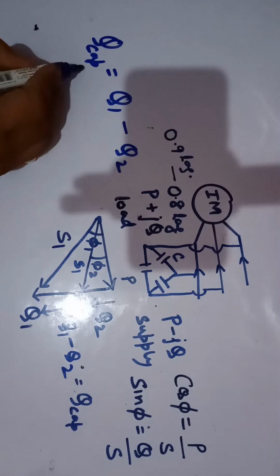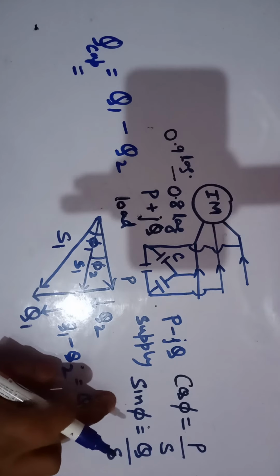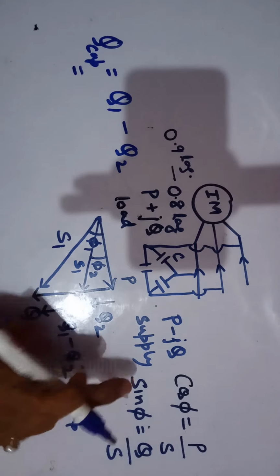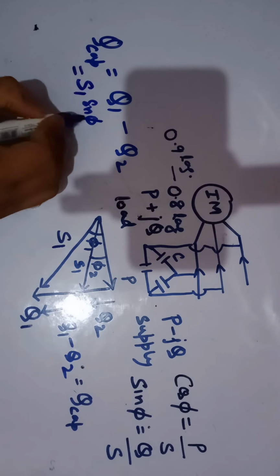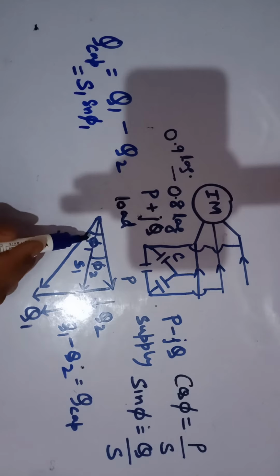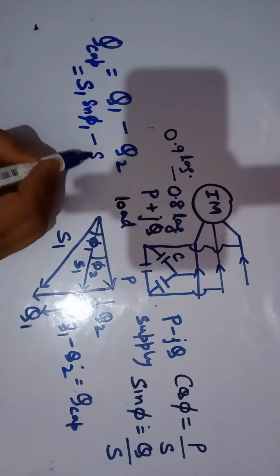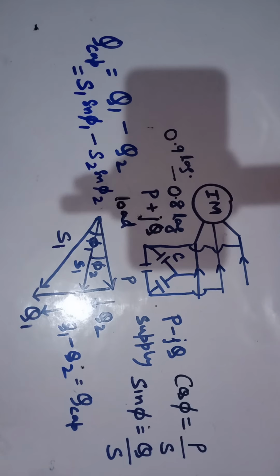Now Q1 can be written as S1 into sine phi 1, right? So this is the angle phi 1. Now similarly Q2 you can write as S2 into sine phi 2, right?